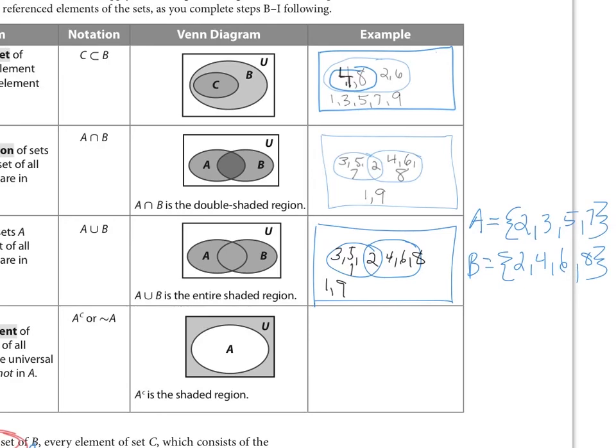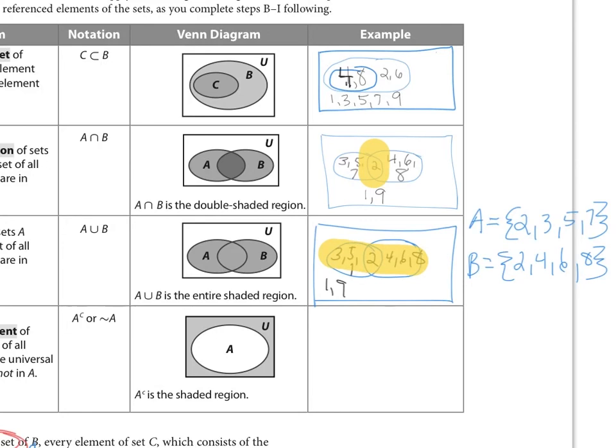The difference is that before we were only doing the highlighted portion for the intersection, which is just the number 2. In a union we have not just one element but all of these elements. So that's 7 different elements in the union of the two sets.